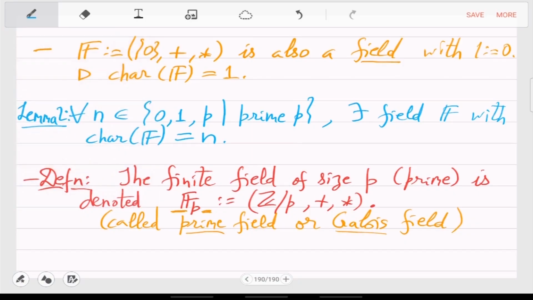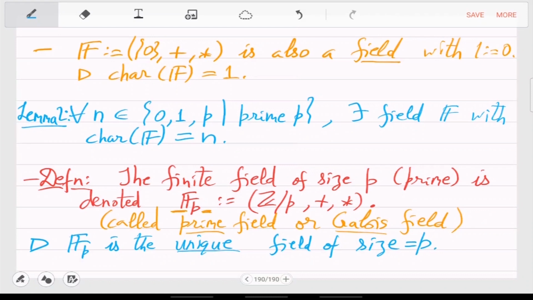So any field of size p, since p is prime, will also have characteristic p, and so it will be exactly this. There is no other option. So it's the only field of size p. This you can prove as an exercise. Fp is the unique field of size p.